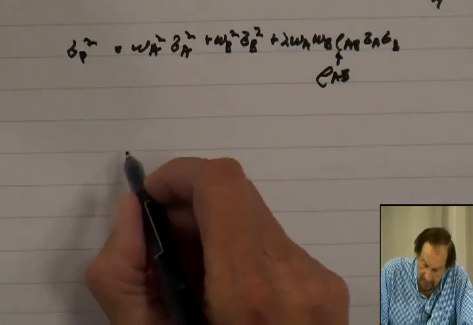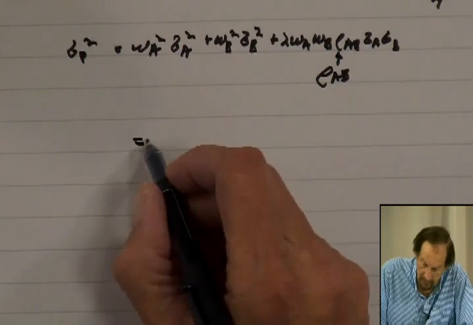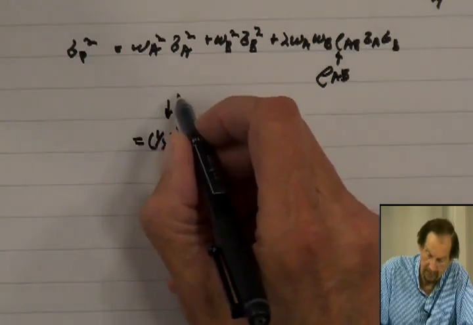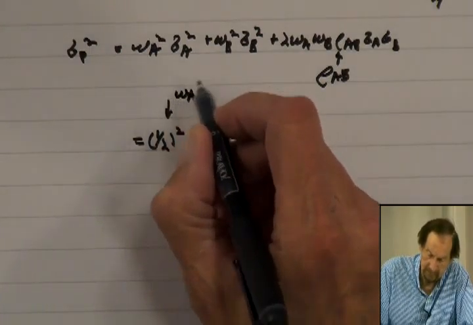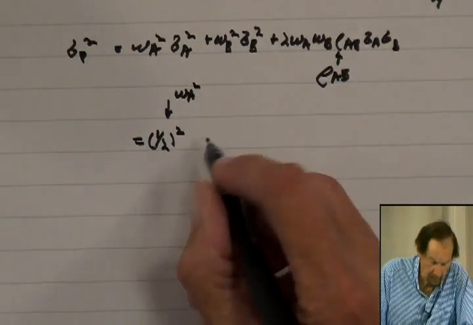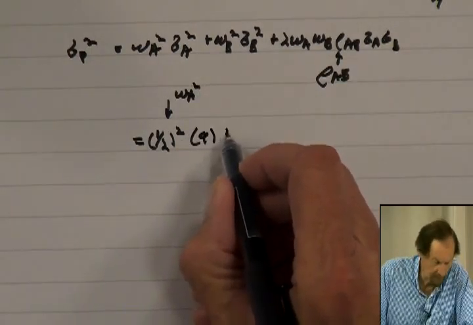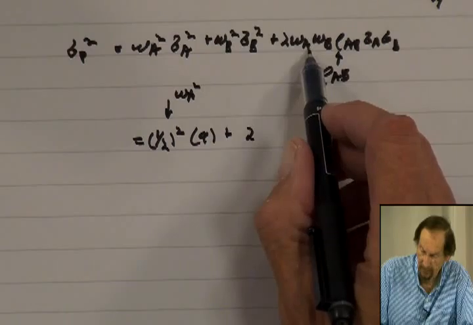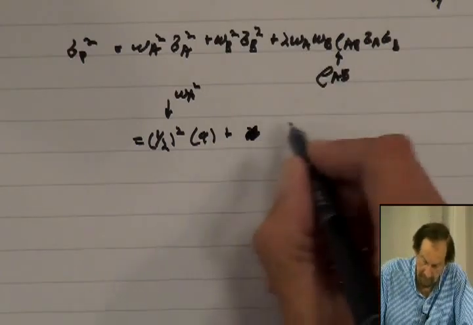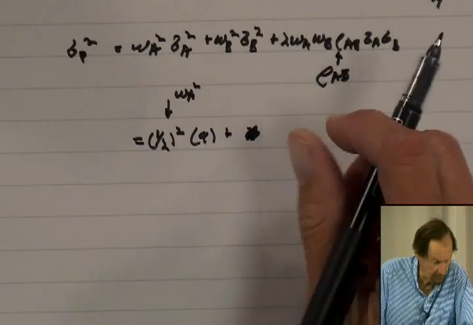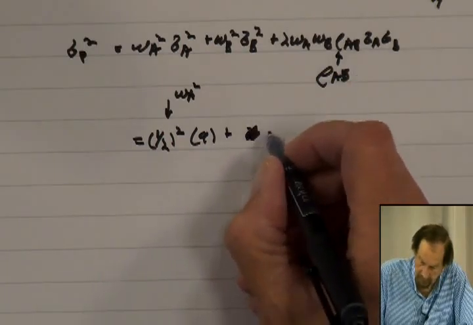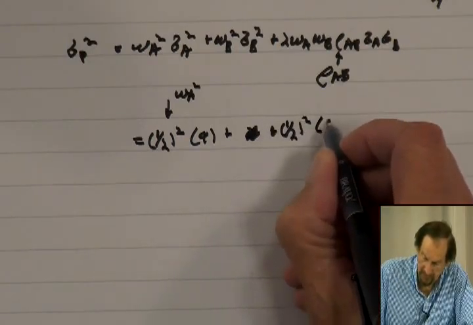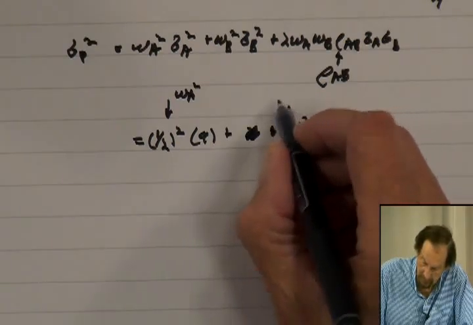This equals 1/2 squared, this is WA squared, times 9, plus, let me do mine a little bit differently, plus 1/2 squared times 9 again, this is for WB squared.